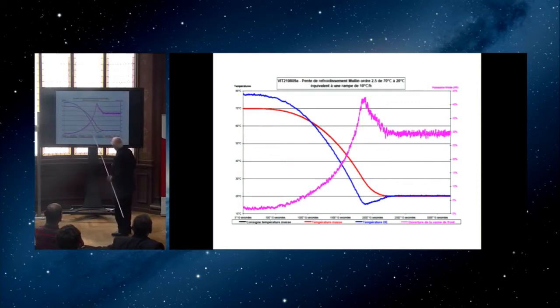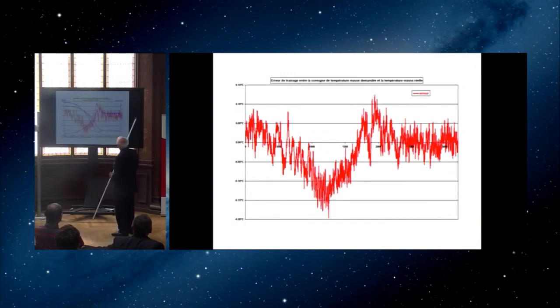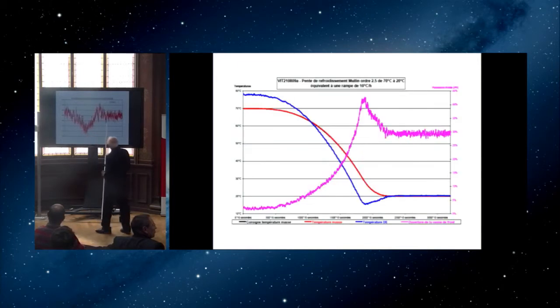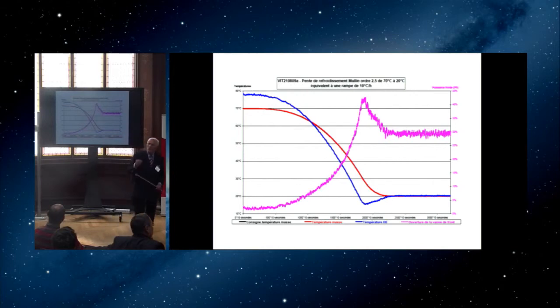Now look, this is the error: 0.00 degrees, 0.05. I cheated on that, in fact. Here is the set point, and here you can see there is something a little bit dark. So the output, the cubic thing, is strictly equal to the set point.